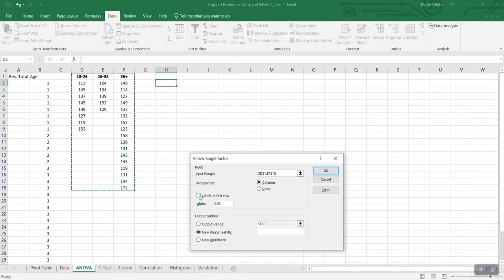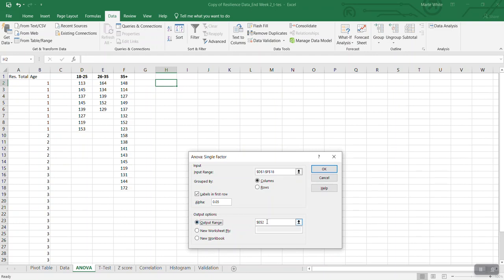We have labels in the first row. The alpha that we're looking for is 0.05. That is our risk that we want to use. And then click output range because we want to see our output on the same worksheet. So I'm going to click in any box and click OK.